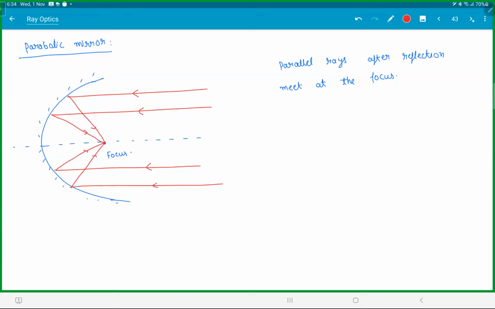Getting it? This is the property of a parabola. This does not work for any shape that you take. This only works for some specific shapes, like the parabola here.